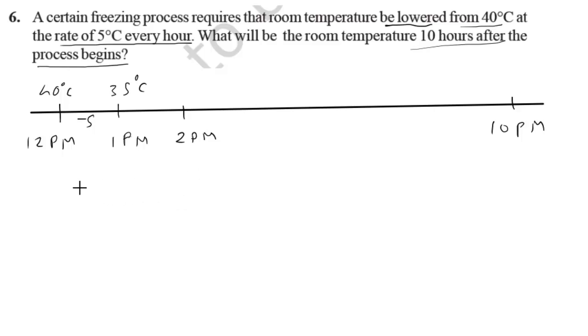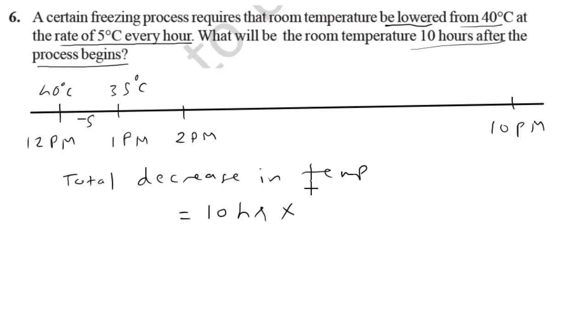So we first calculate the total decrease in temperature. That will be equal to 10 hours multiplied by the decrease, which we will consider as 5 degrees Celsius.